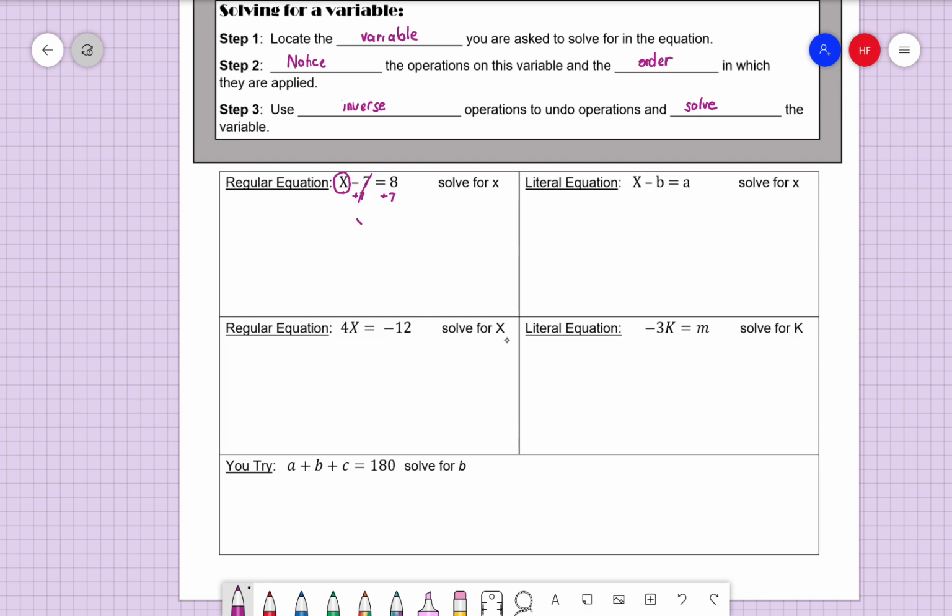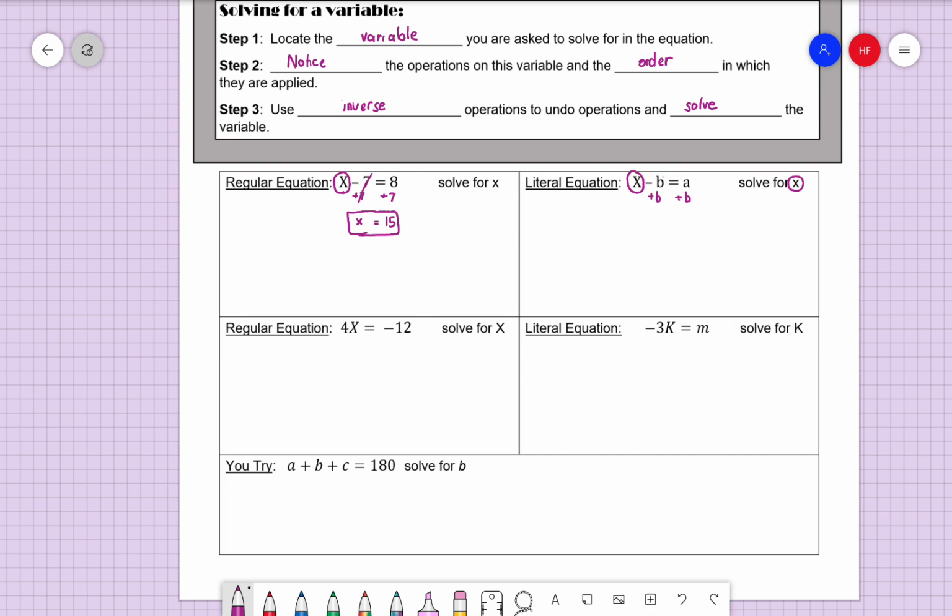So then I would have x still on the left equals 8 plus 7, 15, and x would equal 15. We use those same operations on our literal equations. So here we have all letters on the right, and we're still solving for x. So I still want to get this x by itself. So I'm going to isolate it by doing inverse operations.